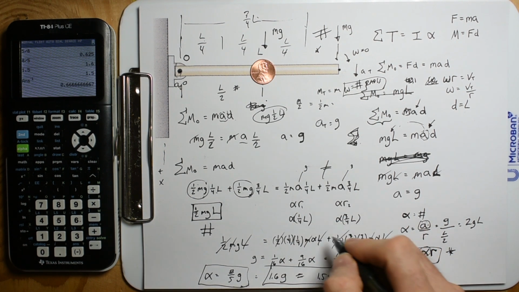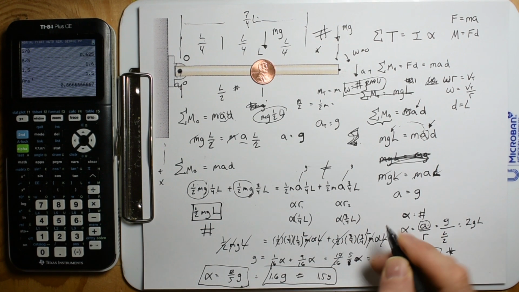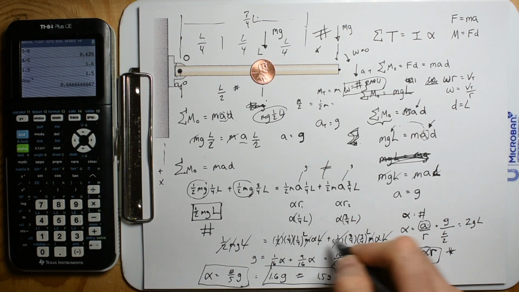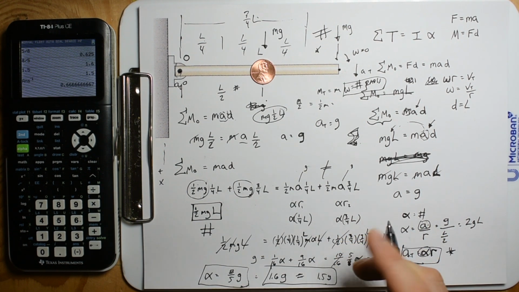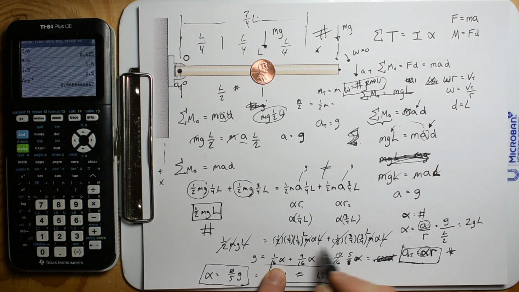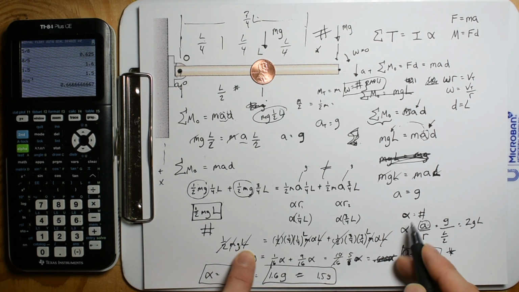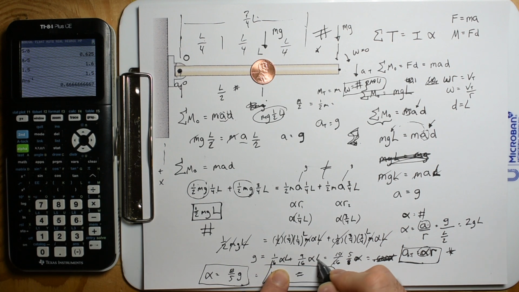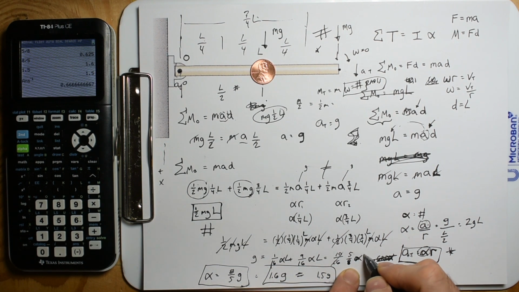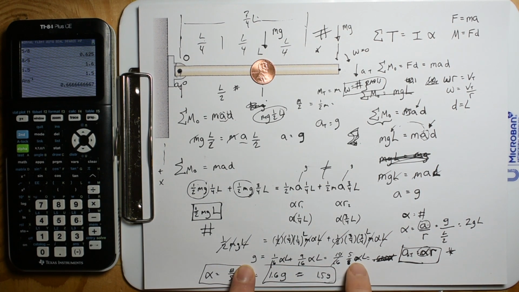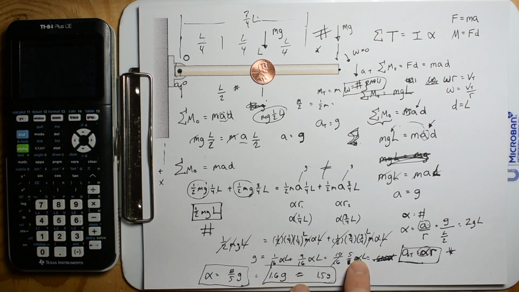I apologize about this. So we have another L term in here. But it's good to make mistakes. So we can only cancel out one of the L's, so we're still going to have an L over here. We're going to have 5/8 alpha L, and we want to get this in terms of alpha, so we're going to have 8/5 g divided by L. So there you go.